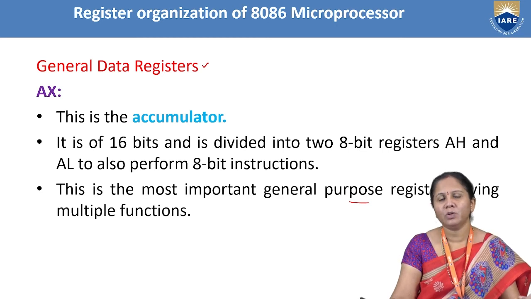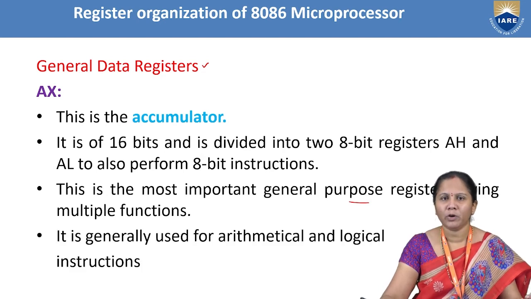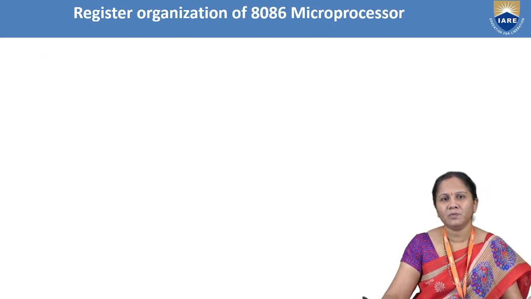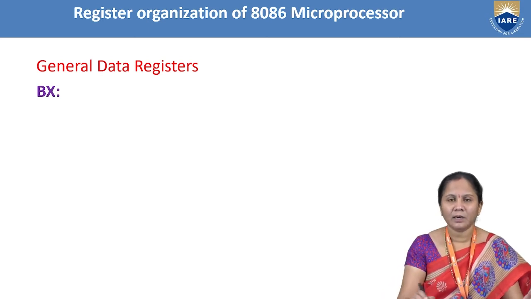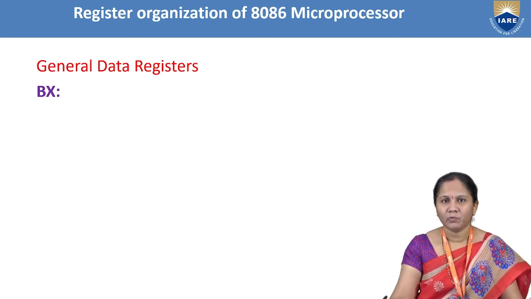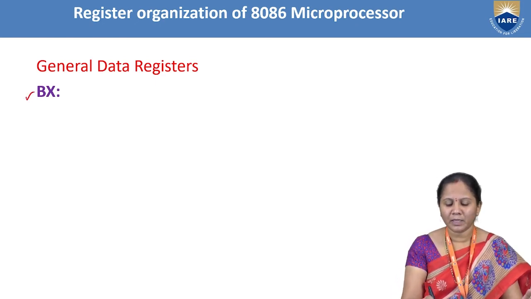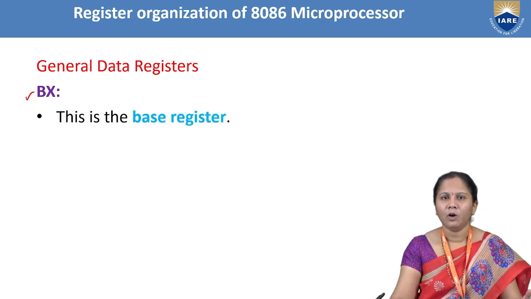Multiple functions means you can use the accumulator in order to store the result or in order to store any input value or in order to store any intermediate result temporarily. So in all these ways we can use this AX register. So that is why we will say here the AX register functions in multiple manner. So it is generally used for performing the arithmetic and logical operations.